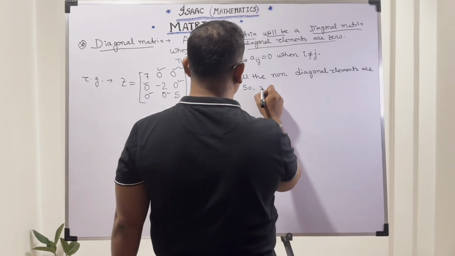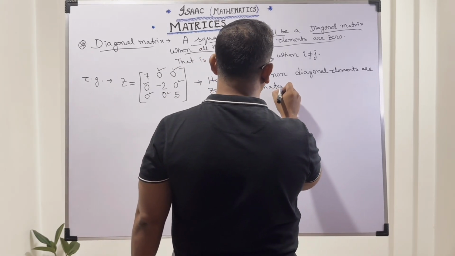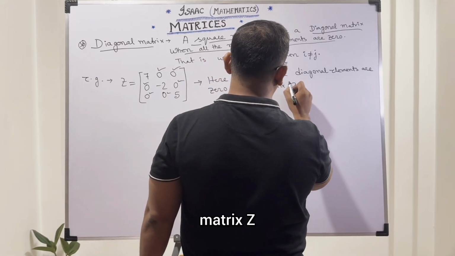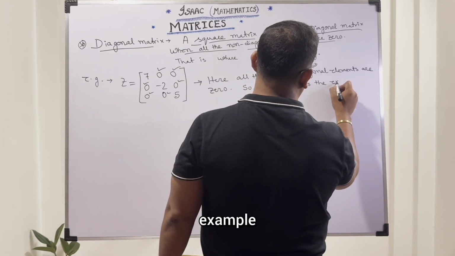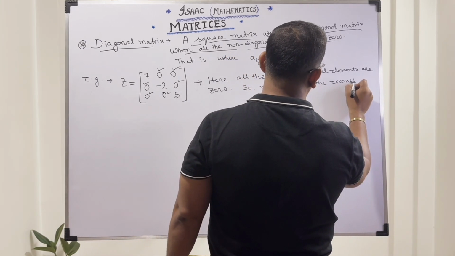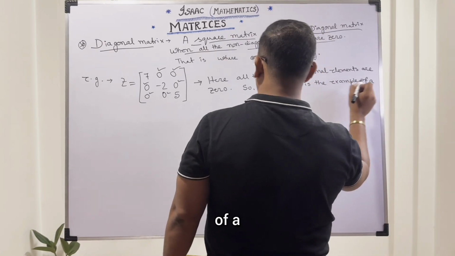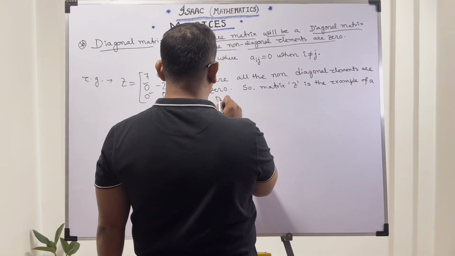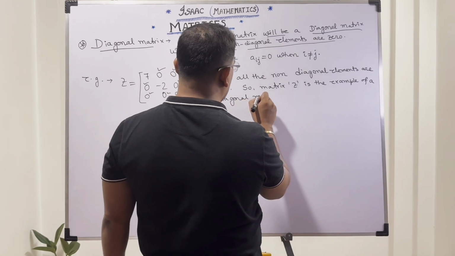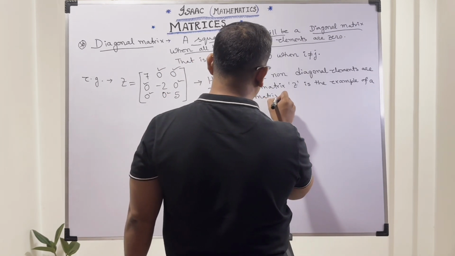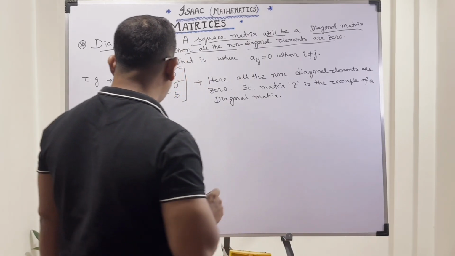So matrix Z is the example of a diagonal matrix. Okay.